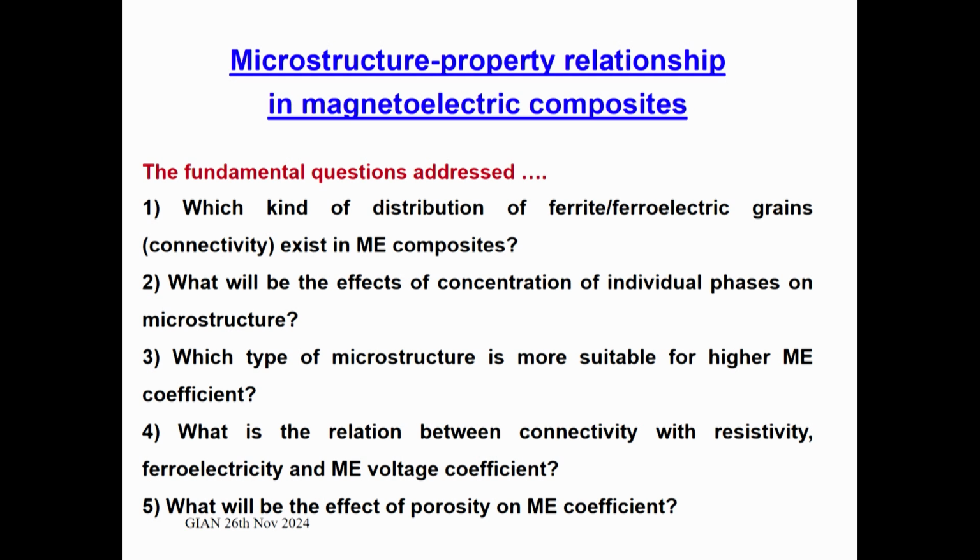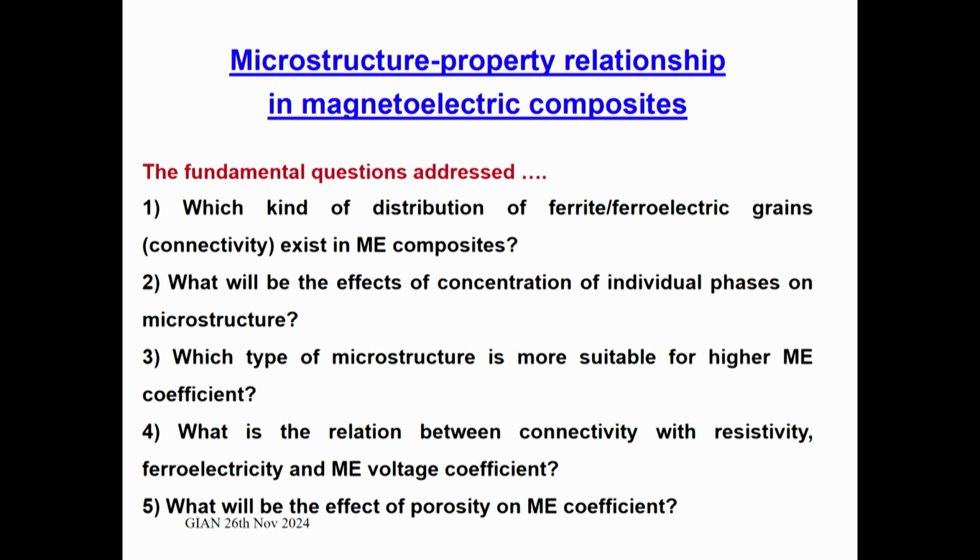Now, as far as the development of particulate composites is concerned, what are the questions to be addressed? The question is which kind of distribution of the ferrite, that is the magnetoelectric phase, and the ferroelectric, that is the piezoelectric grains, exists in ME composites. The aspect of connectivity, how these two phases are connected to each other, is one of the aspects which is going to decide the performance of magnetoelectric composites.